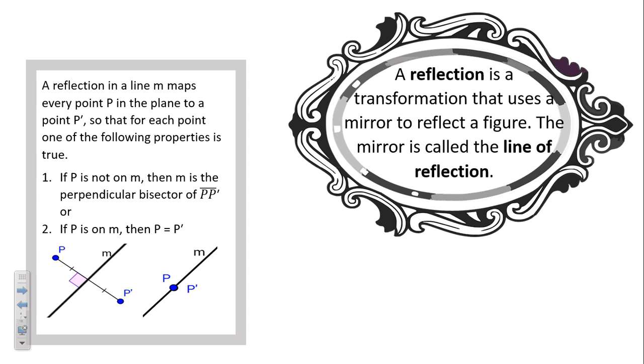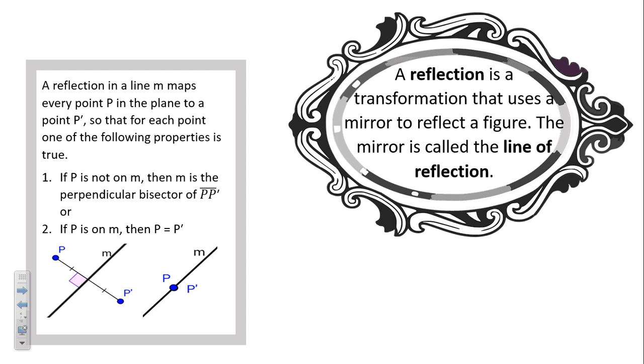Okay. The bottom left says that a reflection in a line M maps every point P to a point P prime, so one of these two properties is true. I want you to pay attention to this one. What do we notice? Corey and Vinny, wake up. Okay, pay attention please.